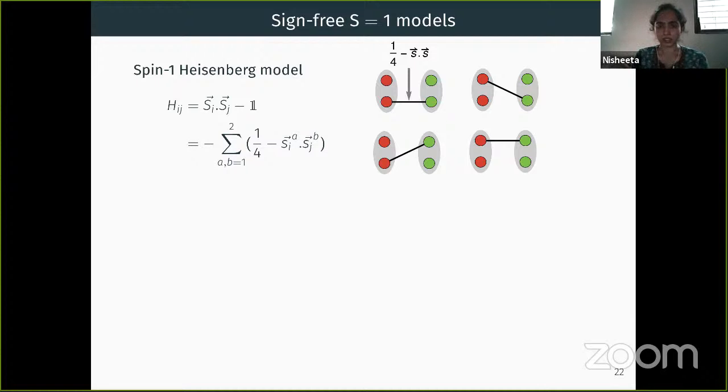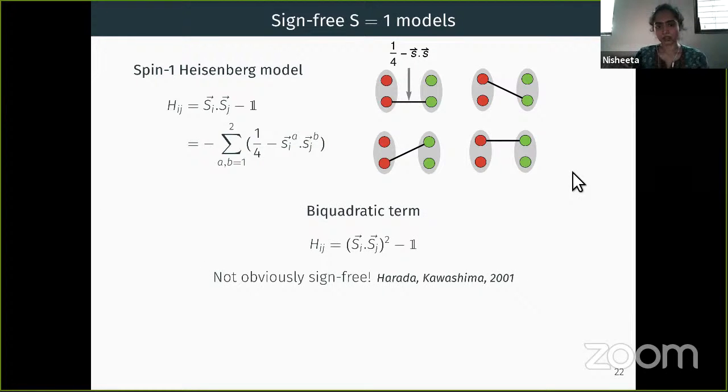And this was an easy example because we knew that the spin one Heisenberg model was already sign problem free. Looking at these pictures, it's also clear that it's sign problem free because you can write it in terms of 1/4 minus s dot s, which is a sign problem free model. But now, look at a more complicated term, like the biquadratic term, which is s dot s squared minus 1. This was not obviously sign problem free.